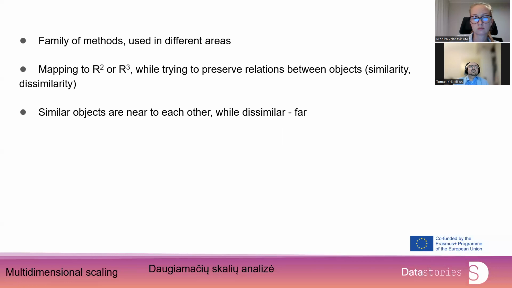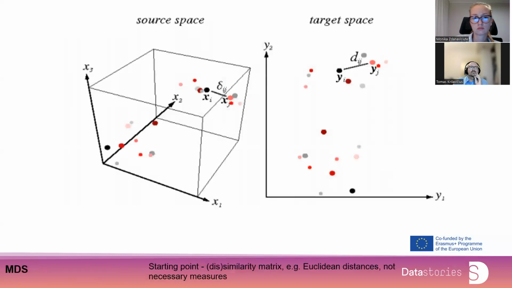Similar objects should usually be near each other in your visualization, and dissimilar ones far apart. So by applying multidimensional scaling, you are trying to project from a high number of dimensions to a low number of dimensions, but the similarity and dissimilarity between all the particular objects should change only a little bit. The less it changes, the better the projection you get.